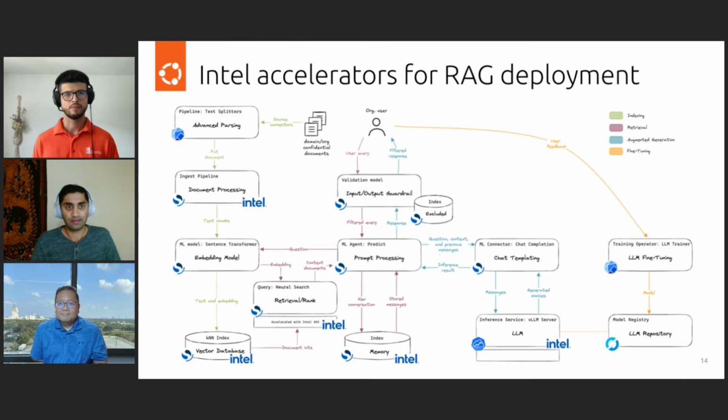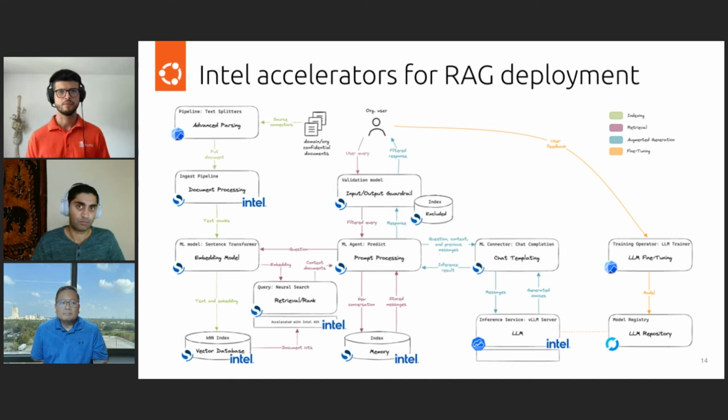So in the reference diagram that you see here, this is the same diagram that was shown previously. You can see that Intel plays a significant role in a lot of the places in a RAG pipeline. For example, there are hotspots of performance we have been improving. There's a huge part which we play in ensuring confidentiality, which was a topic touched upon earlier.